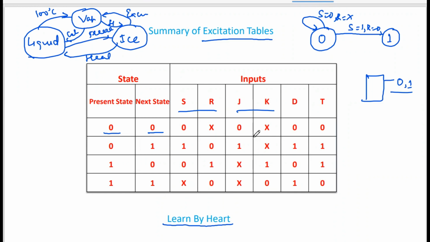So, whenever you do the problem, you should remember that this is your present state, this is the next state, and if I ask you to implement particularly with the D flip flop, you can easily know that this is your present state, this is your next state, and using D flip flop you can implement that. So, this is one of the cases, and I want you people to remember this table by heart, because it is extensively required in most of the cases.